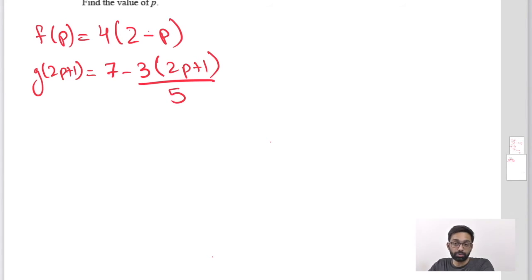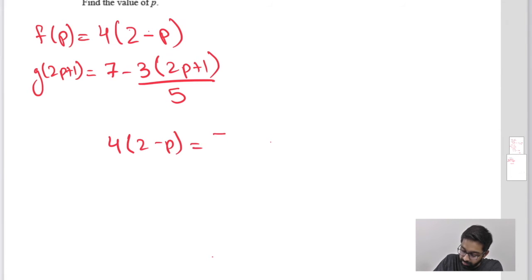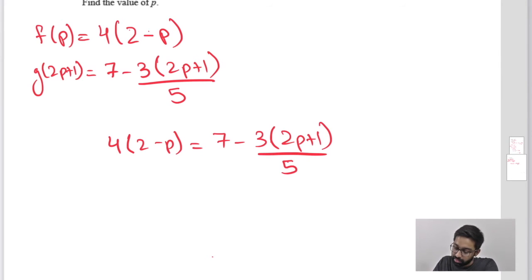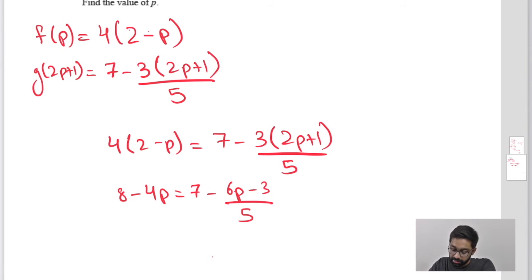The question says to equate these two functions. So this is what I'm going to do. 4 times (2 minus p) equal to (7 minus 3 times (2p plus 1)) over 5. The next step is I can open the brackets up so that it's easier to solve this question. On the left, I get 8 minus 4p equal to (7 minus 6p minus 3) over 5. The next step is I find the LCM on the right hand side so that I can cross multiply easily.